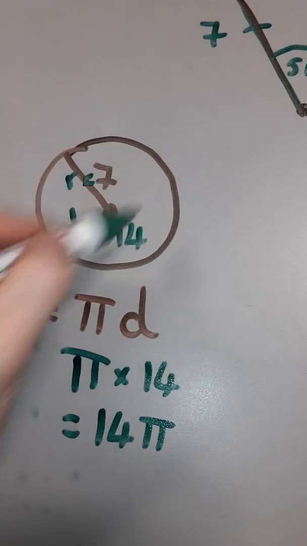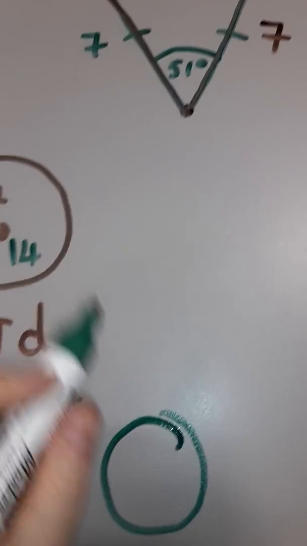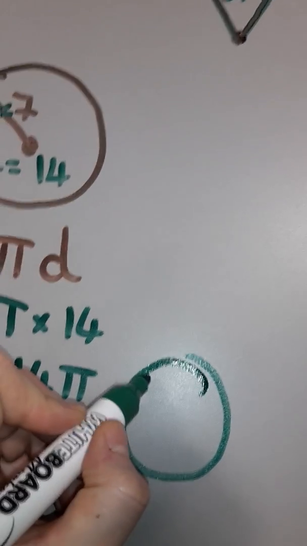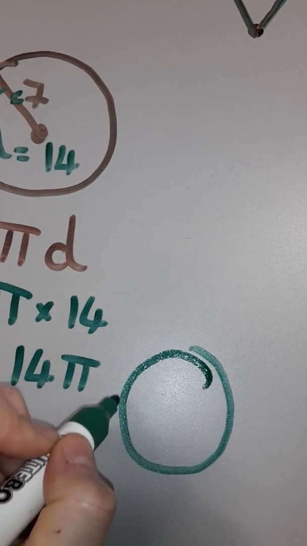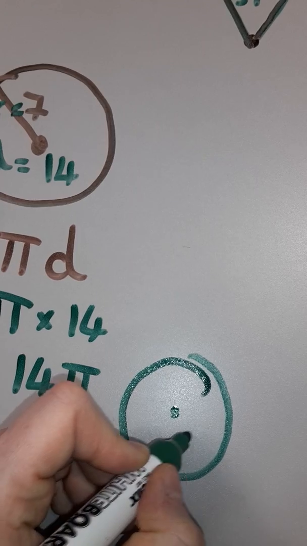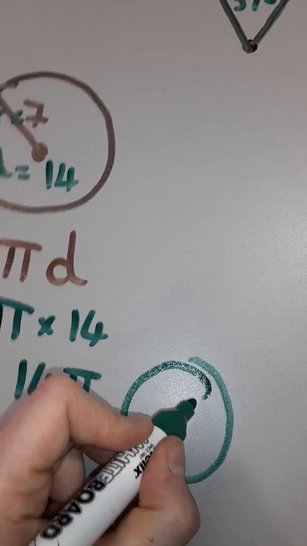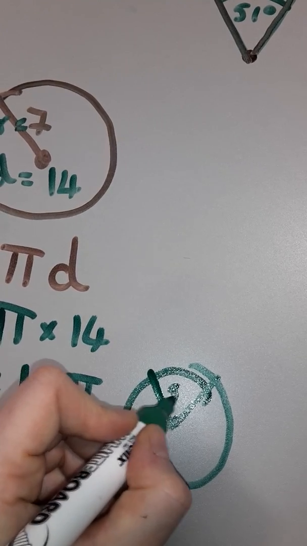Now I know that the entire circle is worth 14 pi. I need to calculate the proportion that I have. Now, out of the possible 360 degrees in a circle, if you stood in the middle and spun around to face the same way, you would have to travel 360 degrees. I've only travelled 51 degrees.